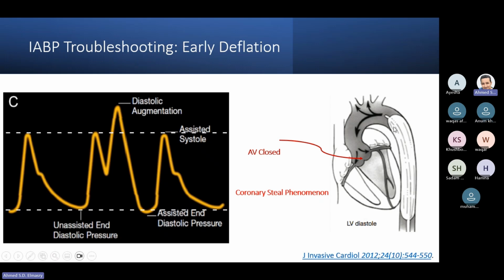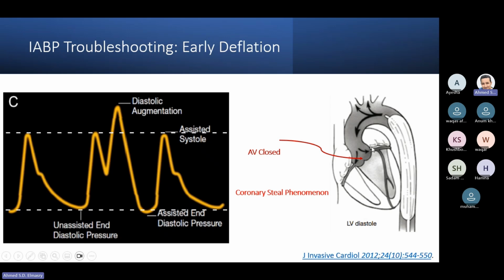But if the early deflation happens very fast, what will happen? The pressure inside the aorta will drop very fast. This very fast drop will cause what? Retrograde flow. The blood flow should go to the coronaries in this direction, but with this rapid reduction of the pressure from the very fast deflation.